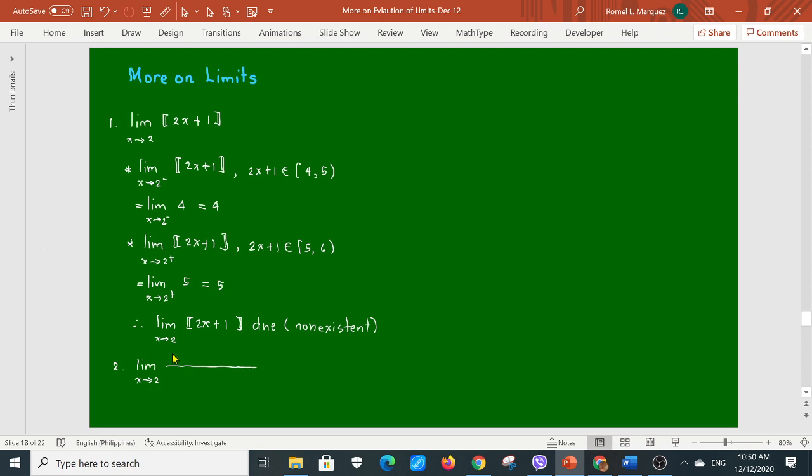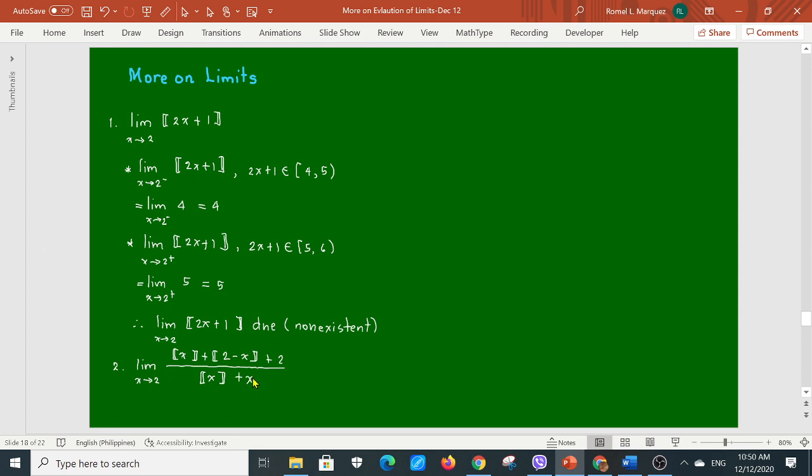The numerator is the greatest integer of x plus the greatest integer of 2 minus x plus 2. Then in the denominator we have the greatest integer of x plus x.